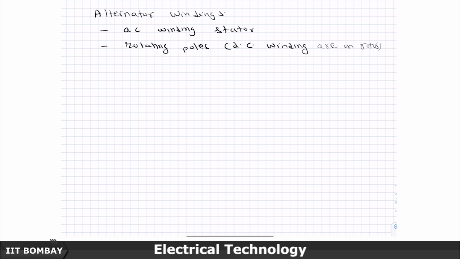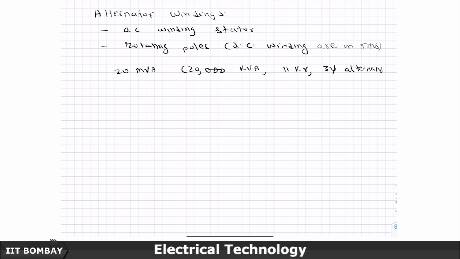So, let us say that you have a 20 MVA, which is to say a 20,000 kVA, 11 kV, 3 phase alternator. That means a 3 phase synchronous machine.